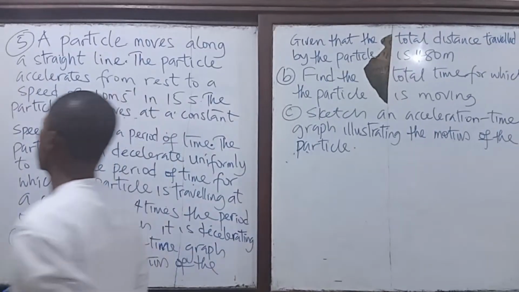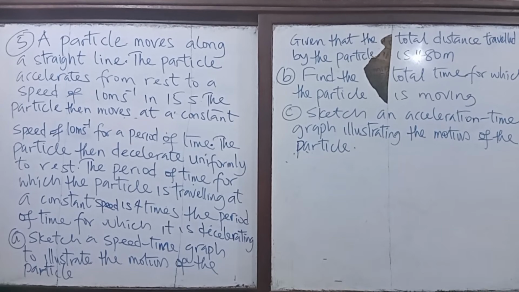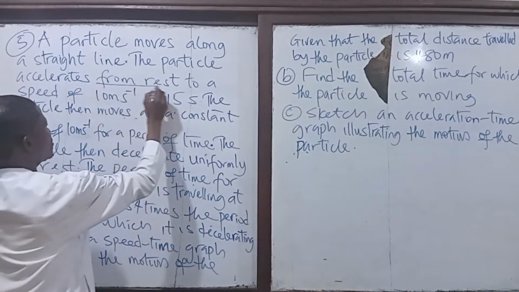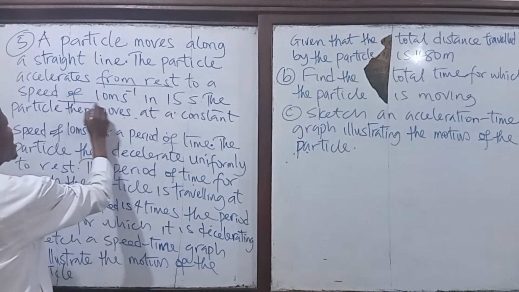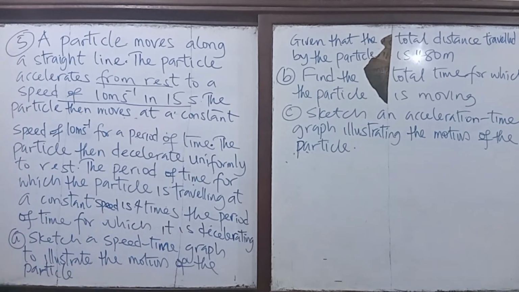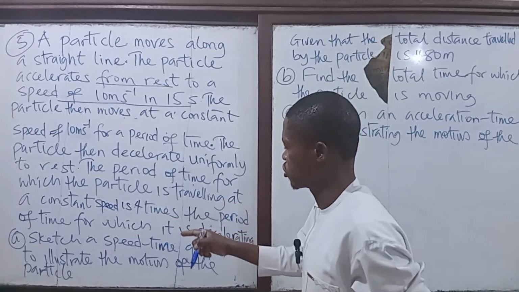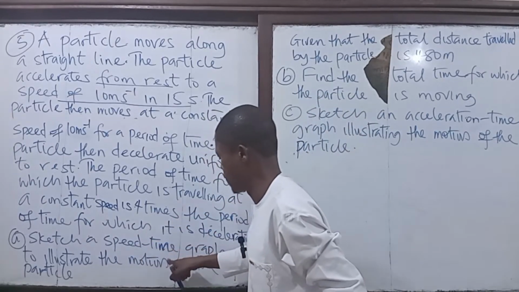Question 5. We have a particle that moves along a straight line. The particle accelerates from rest to a speed of 10 meters per second in 15 seconds. So let's quickly do that. Don't forget, we are told to sketch a speed time graph.